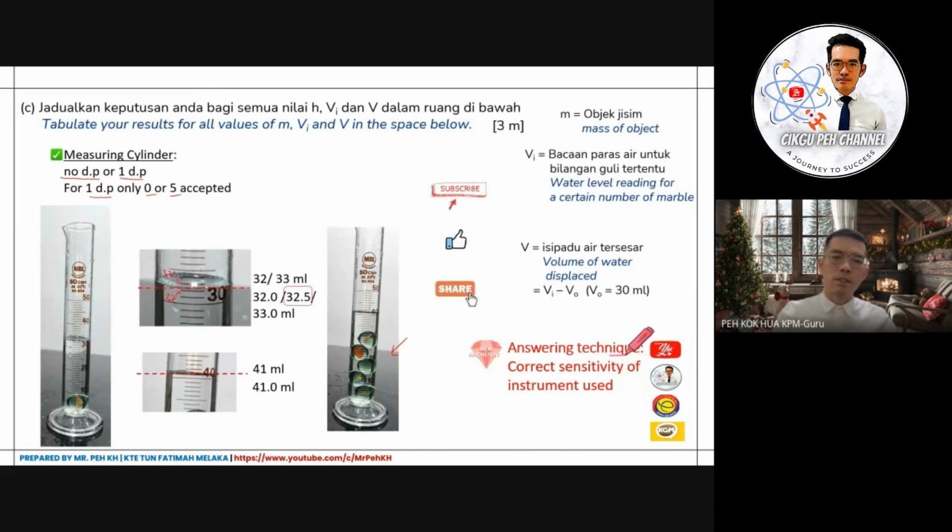Because I already selected a value with 1 decimal place, I need to give consistency on the decimal places for the tabulation. So here I must choose 41.0. We cannot give data with sometimes no decimal place and another time 1 decimal place. This is considered non-consistent.